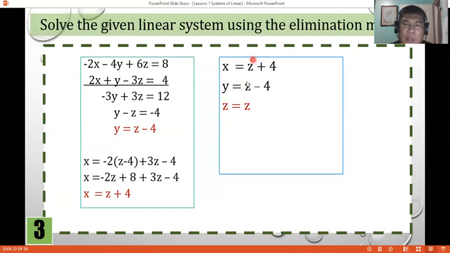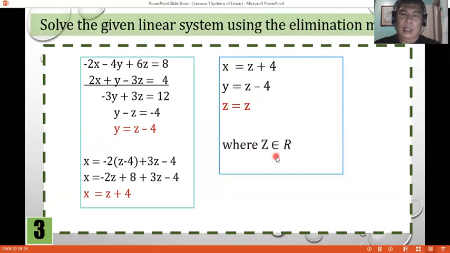In terms of z, ibig sabihin, z equals to c. Paano yun? Z has a value of all the real numbers. Kapag 5 ang z, 9 ang x, 1 ang y. Kapag 10 ang z, 14 ang x, 6 ang y. Ganun lang ang ibig sabihin.